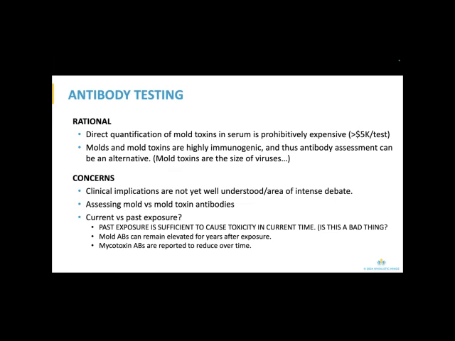Viruses are immunogenic, which is how we actually assess for if someone has had an infection, right? CMV, EBV, et cetera, et cetera. Well, mycotoxins are just about the same size as viruses, and they happen to be similarly immunogenic in their makeup. And that is the rationale behind the mycotoxin antibodies.